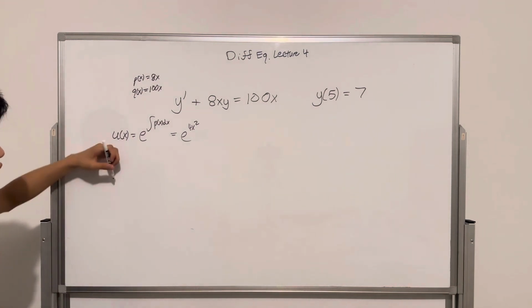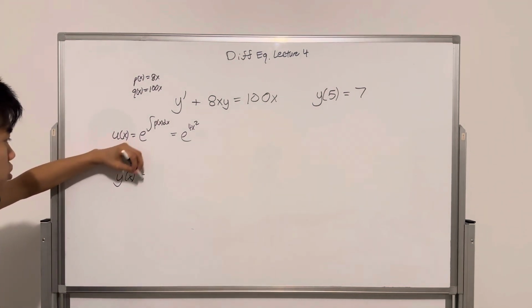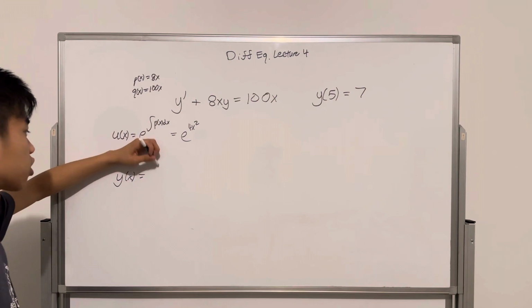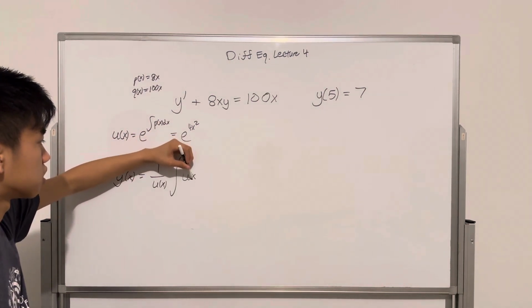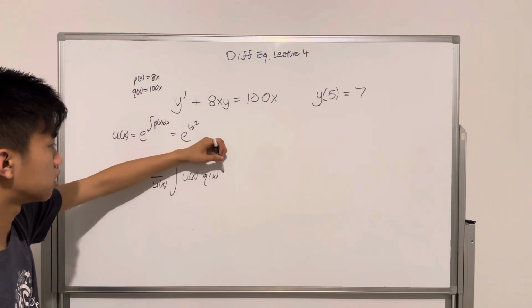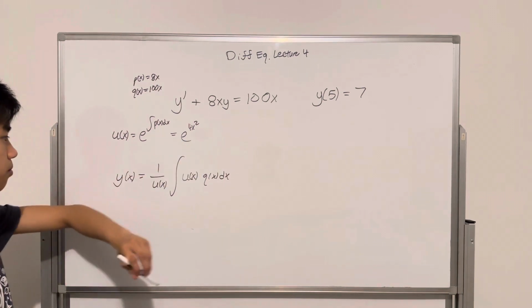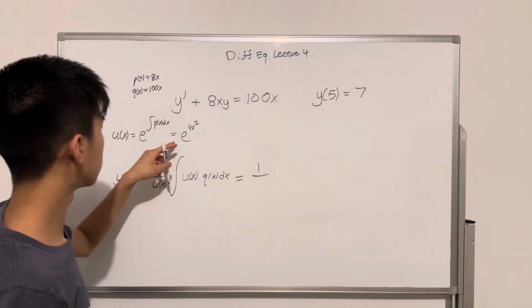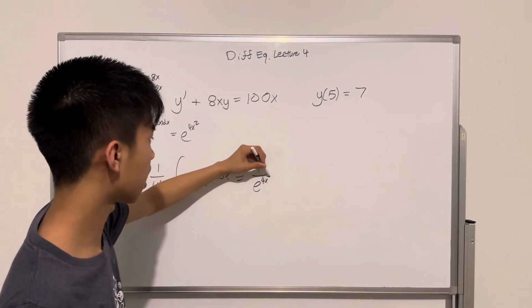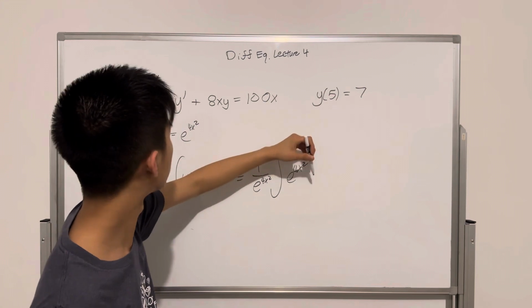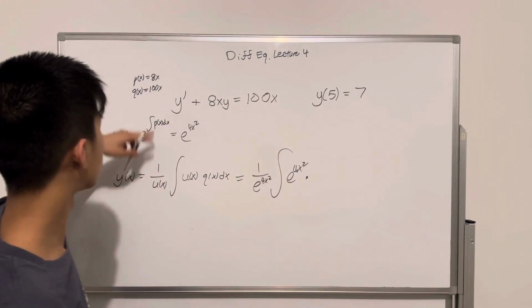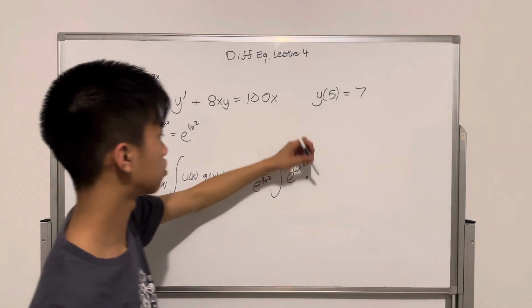So then we can plug it into our integrating factor formula, which is 1 over u of x times the integral of u of x times q of x dx. So we get 1 over e to the 4x squared, times the integral of e to the 4x squared times, what's our q of x? 100x.